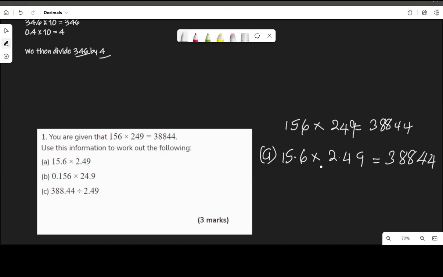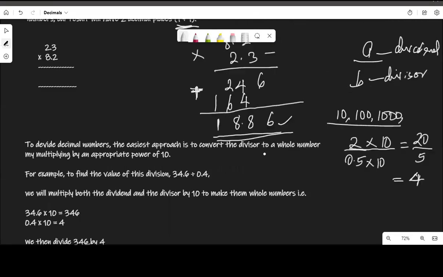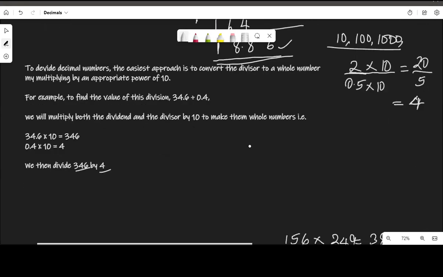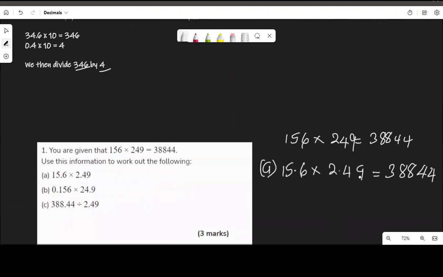Remember that whenever we multiply two decimal numbers, like what we did here for this example, in our final answer, we counted the number of decimal places in the two numbers. Look at it, 1 and 2. So I'm going to do the same thing here. Since this number is multiplying by this, this is my final answer.